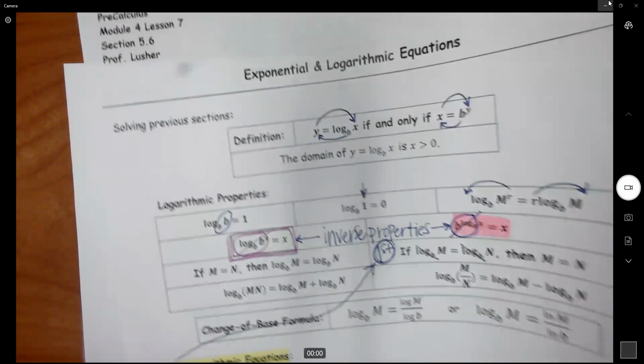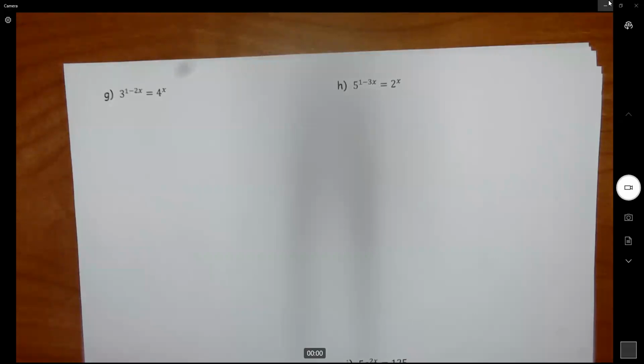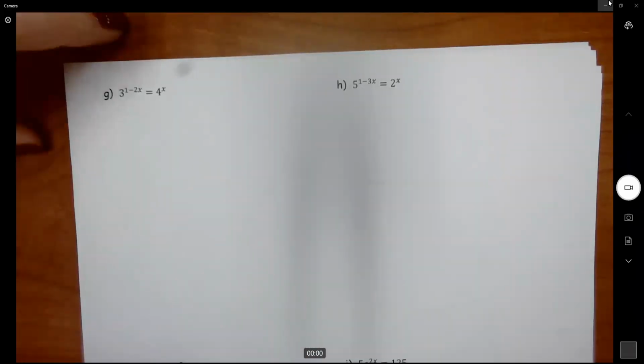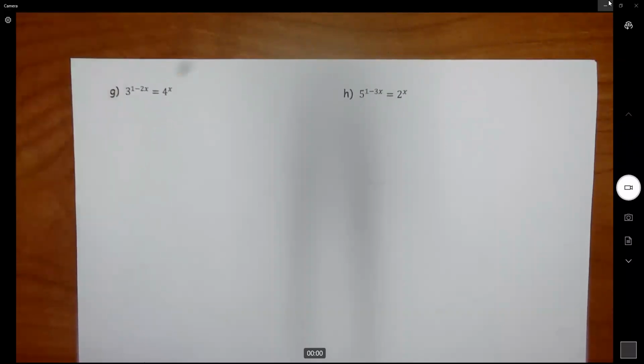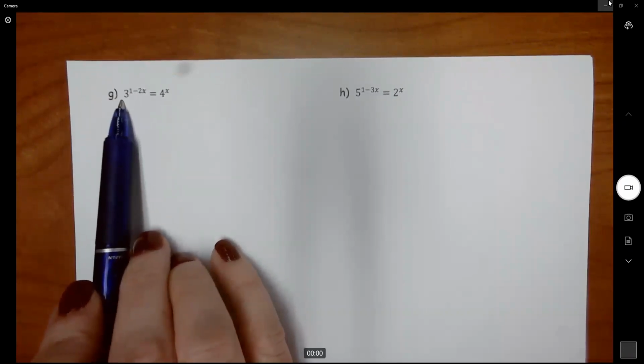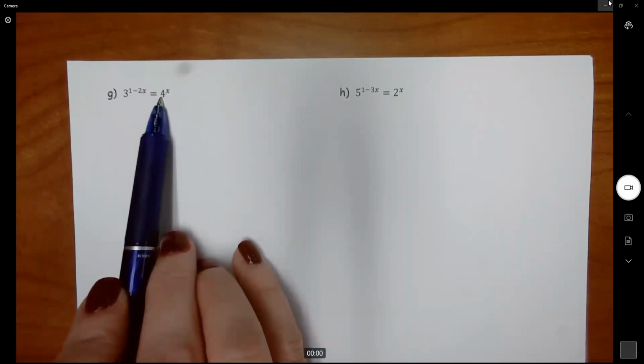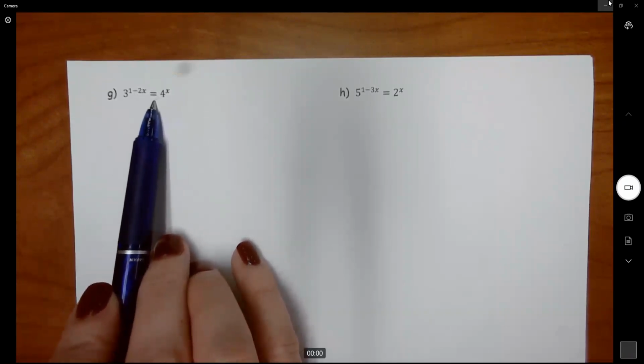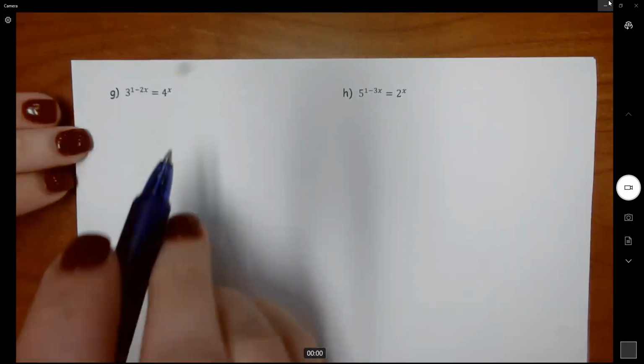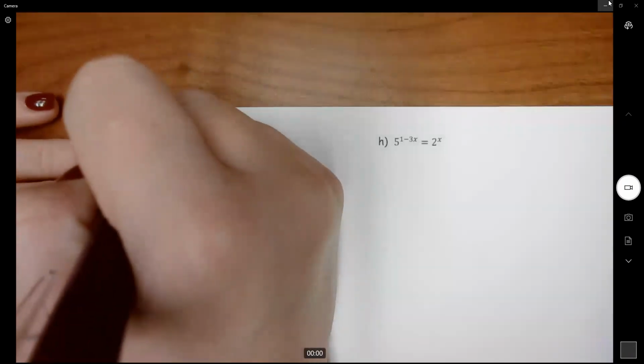When you have multiple exponentials, you can do it one of 2 ways. Really one of 3 ways. You could do log base 3s to get rid of this 3, or you could do log base 4 to get rid of this one. Or we could take something kind of neutral, and I'm going to go with a natural log.